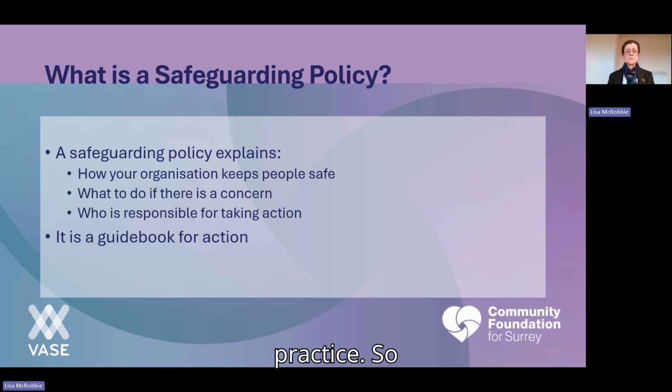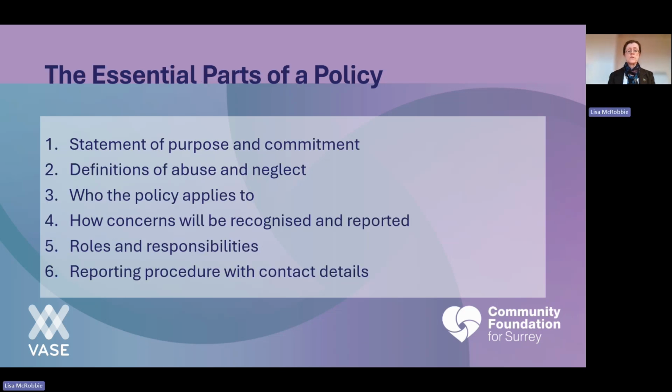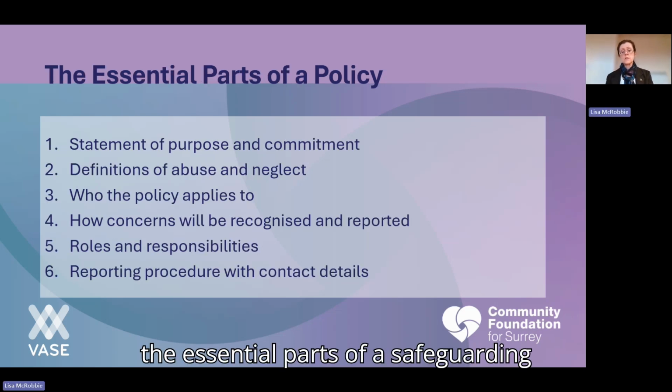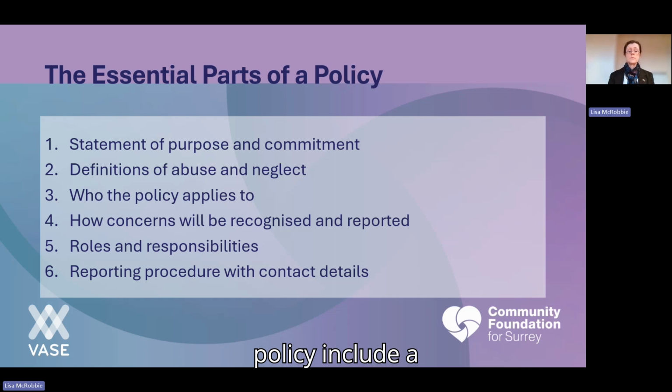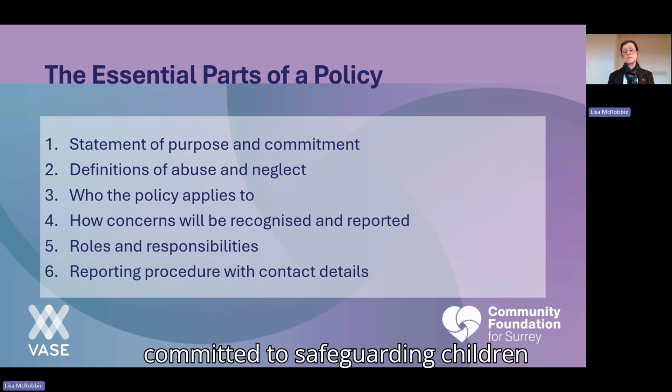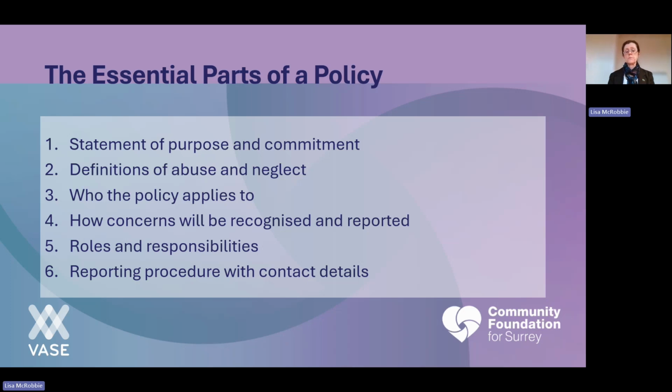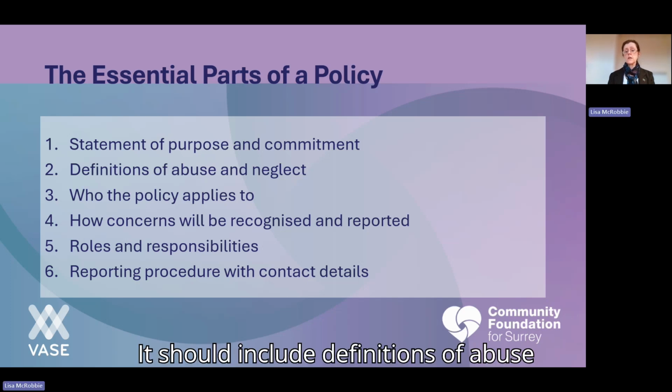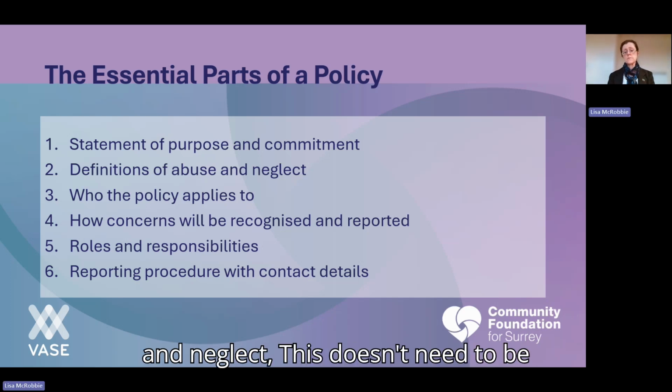So the essential parts of a safeguarding policy include a statement of purpose and commitment, a short statement saying that your organisation is committed to safeguarding children and adults from harm. It should include definitions of abuse and neglect.